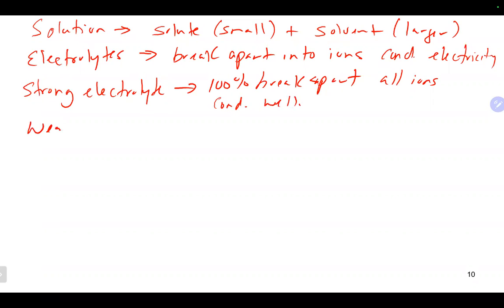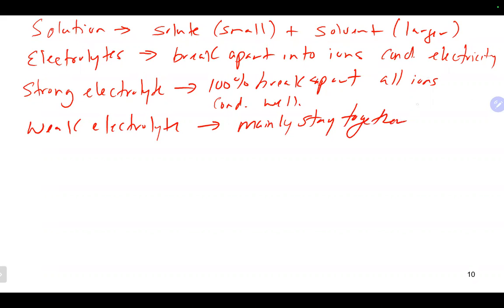Then you have weak electrolytes, which actually mainly stay together. But you do produce a few ions, so it's still able to conduct electricity, but not as well as a strong electrolyte.